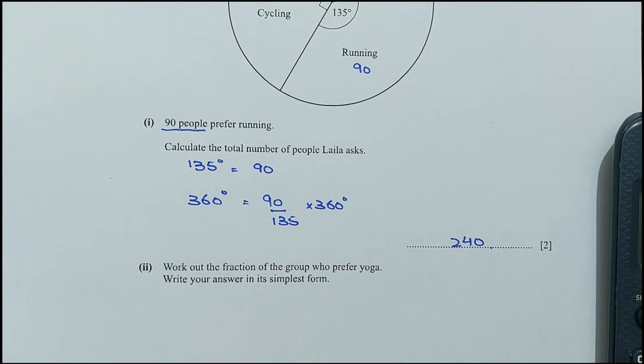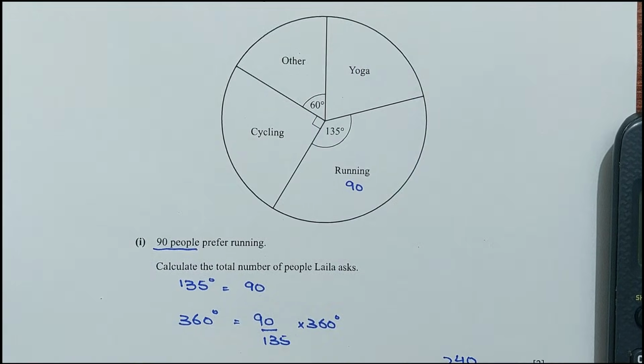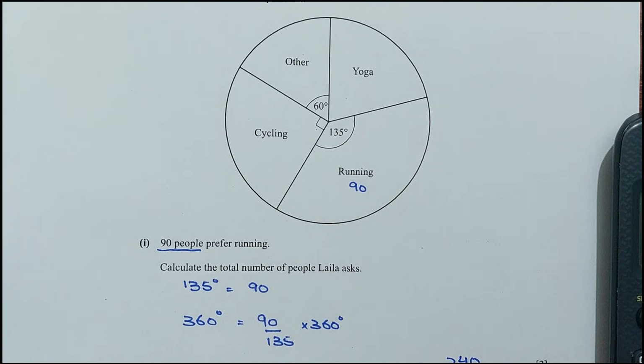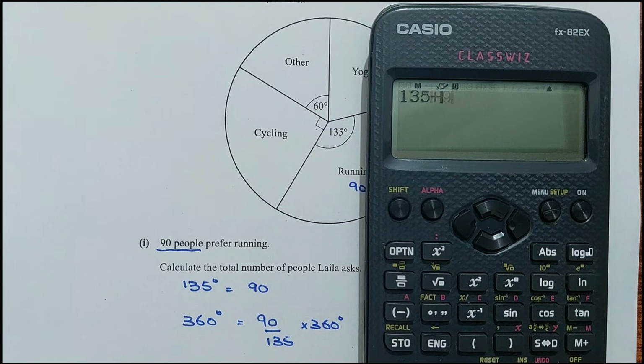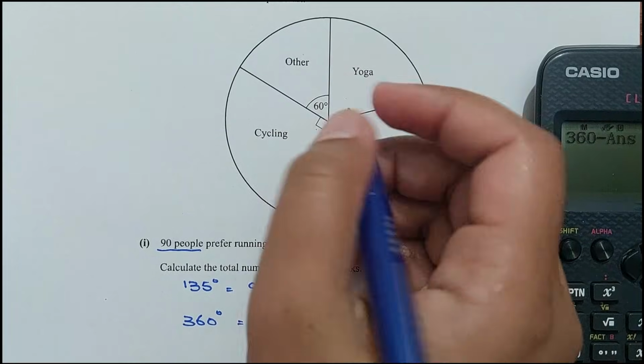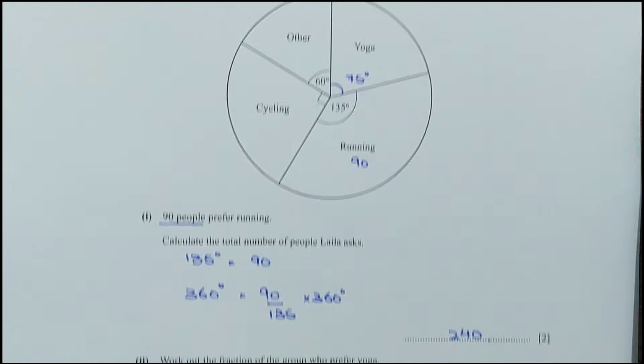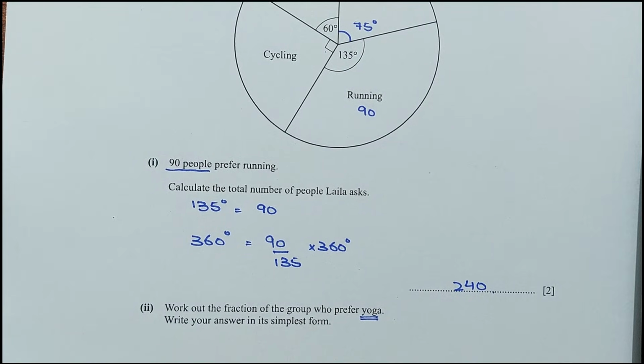Now for the second part, work out the fraction of the group who prefer yoga. Give your answer in its simplest form. This is 135, this is 90, and this is 60. 135 plus 90 plus 60, and 360 take away the answer is 75 degrees. We use the information for running: 135 degrees is 90 people.